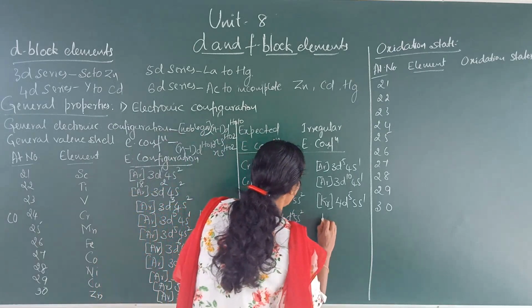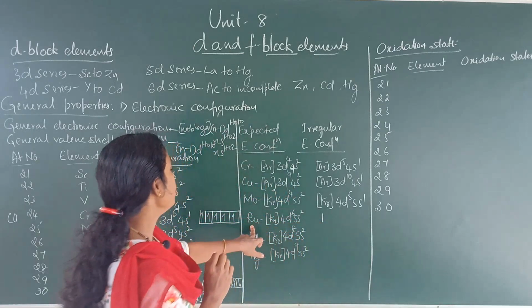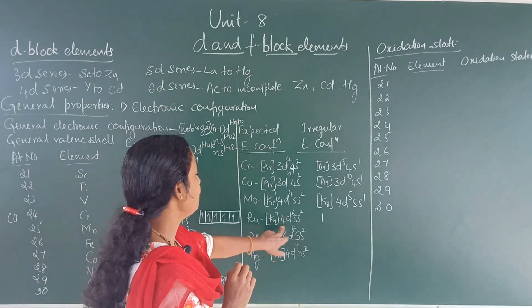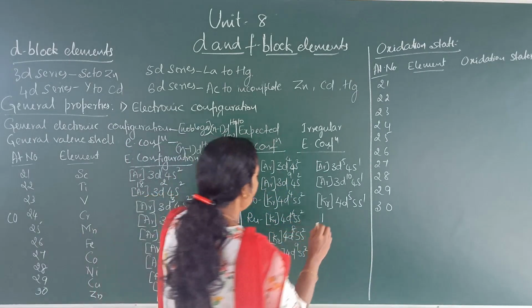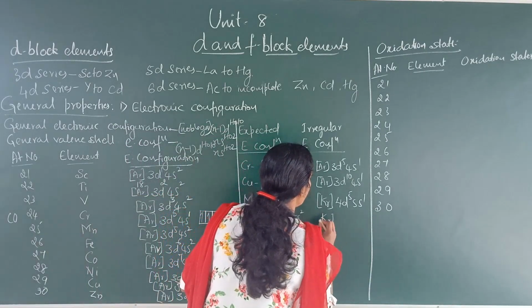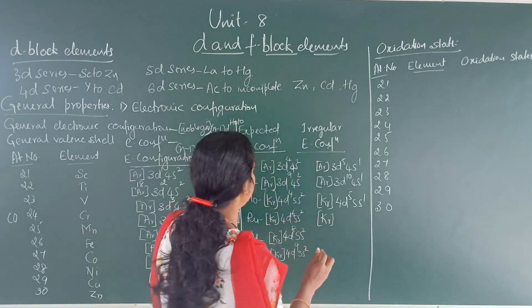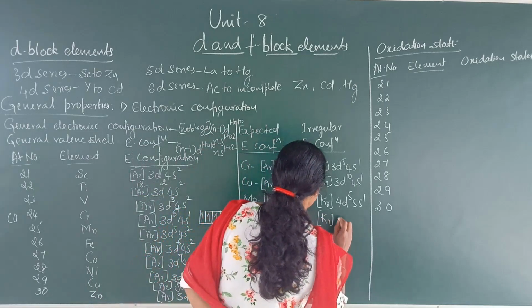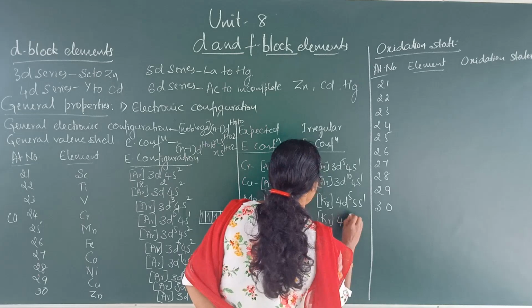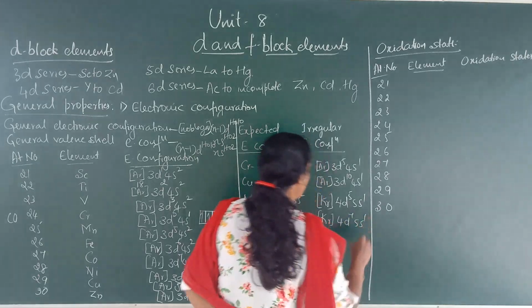Ruthenium, the expected electronic configuration of ruthenium is krypton 4d6 5s2, but the actual electronic configuration is krypton 4d7 5s1.